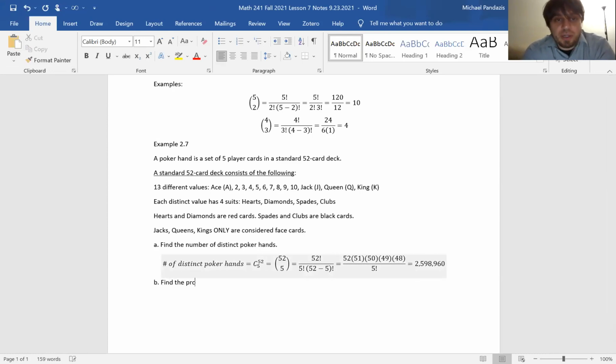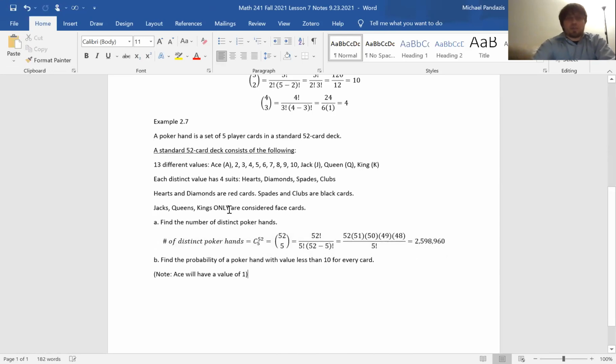Part B is find the probability of a poker hand with value less than 10 for every card. Note that an ace will have a value of 1, so we're considering ace to have a value of 1.